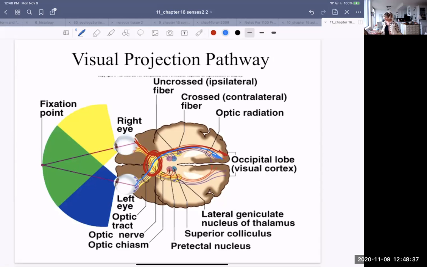So what I'm trying to say here is that some cross over and some stay on the same side.